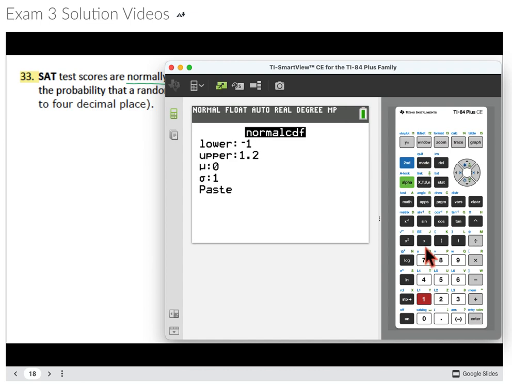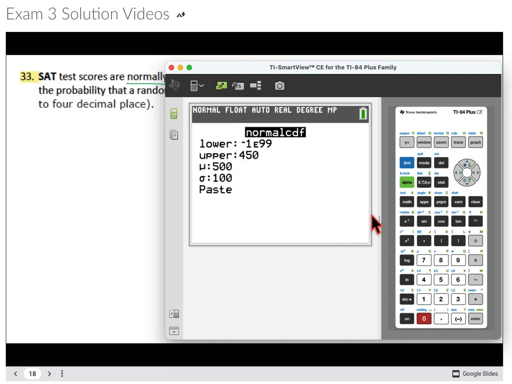There it is, right above the comma key. So we go second EE to the 99th power. It's kind of a way of doing negative infinity in this case. The upper limit we want is 450. Then we have to put in our mean of 500 and our standard deviation of 100.